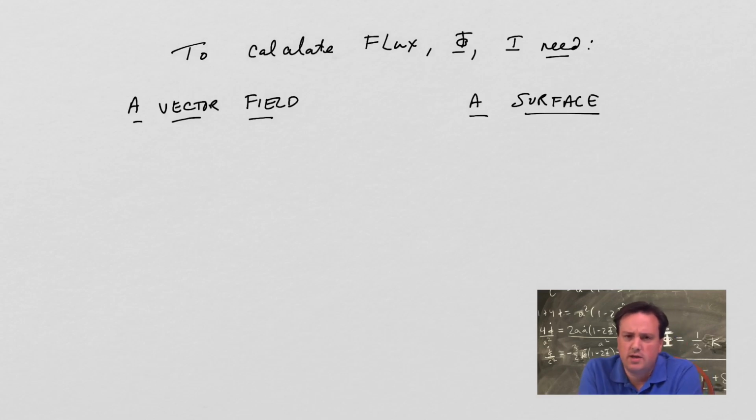So the quantity that we're going to use to describe this is something that's called flux. Now, you may have heard this term before, but technically speaking, flux is a mathematical quantity that I'm going to be able to define given a vector field, and it needs to be a vector field, and a surface. If I have these two things, then I can define what flux is.